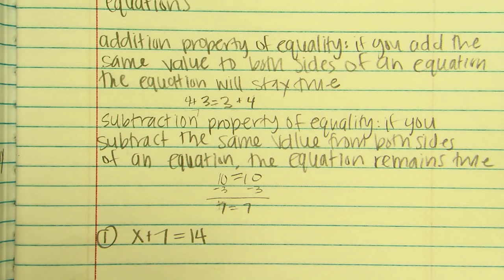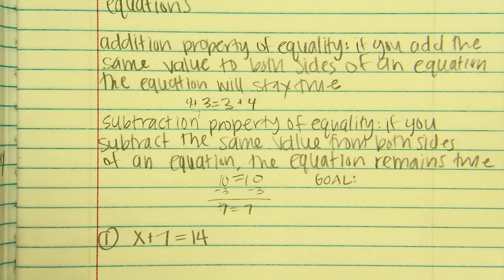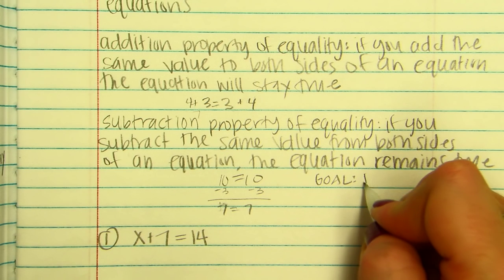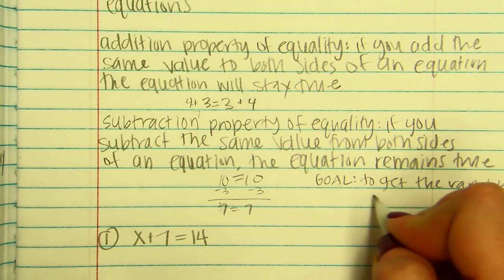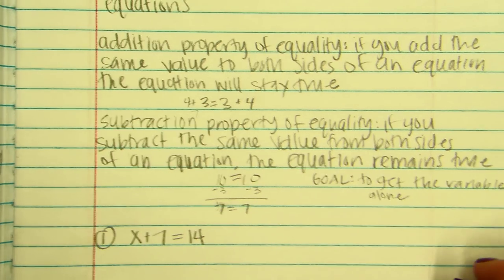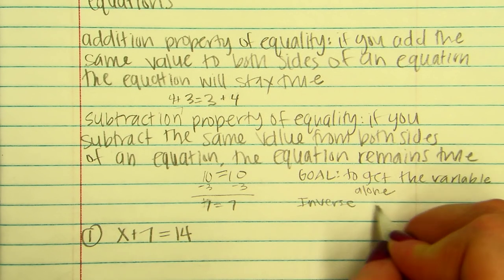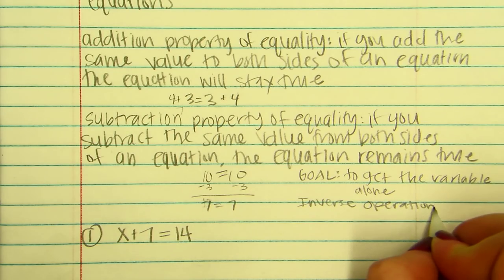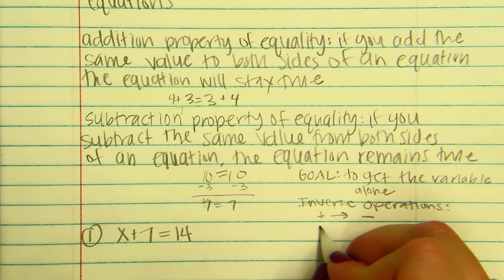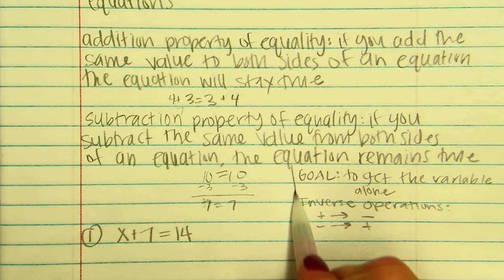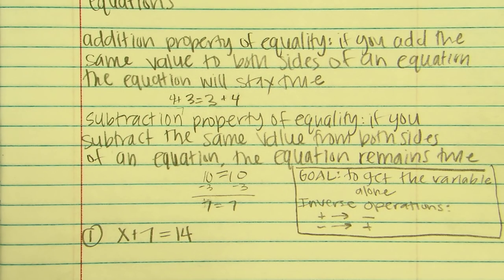When we solve equations, our goal is always to get the variable by itself, alone, and then we have to use the inverse operation to get the variable by itself. So we're going to talk about inverse operations. The inverse of addition is subtraction, and the inverse of subtraction is addition. These are two really important things we're going to have to use to solve any addition and subtraction equations.